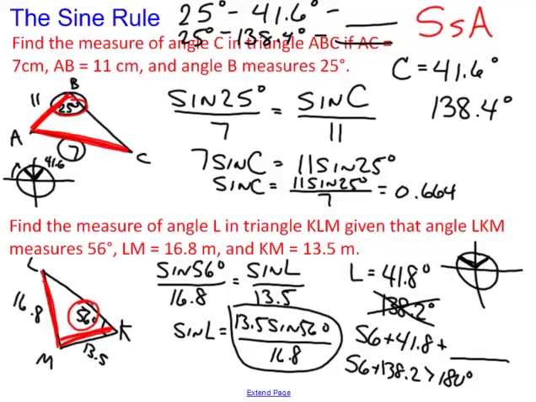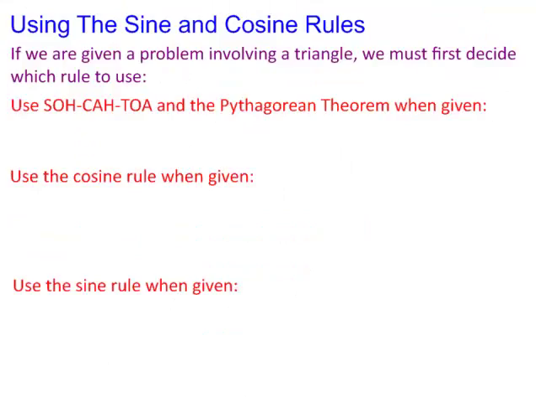It's one that we need to watch out for. When we get a side-side-angle condition, we have to be careful to check for a second possible triangle for our problem. Again, we're going to talk more about that side-side-angle condition in class on Monday. So be ready for that.